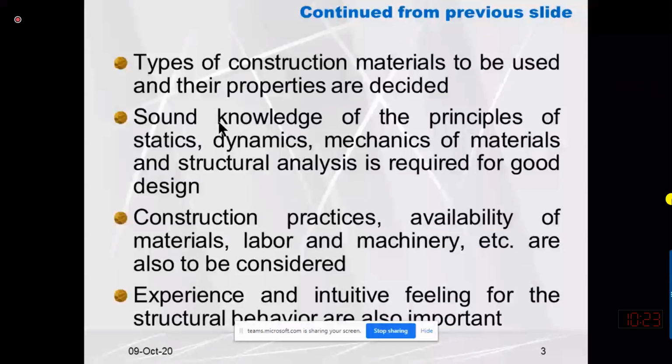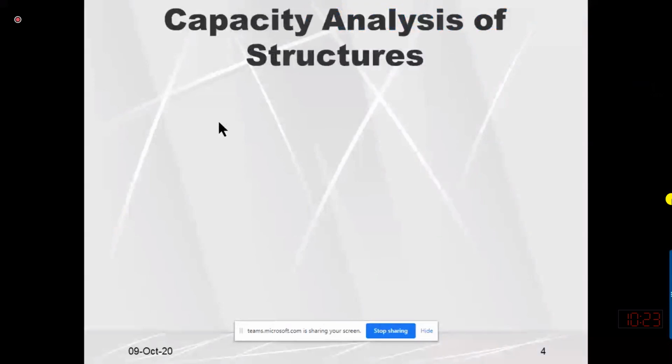Okay, the capacity is different. Capacity analysis is always carried out for an already constructed structure, and it is used to check whether a certain structure is capable of withstanding all the applied load or not. Or, for example, whether there is any mistake in the design calculation or not.